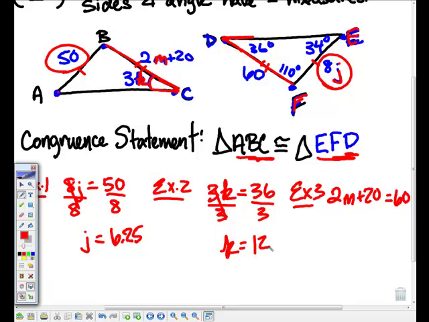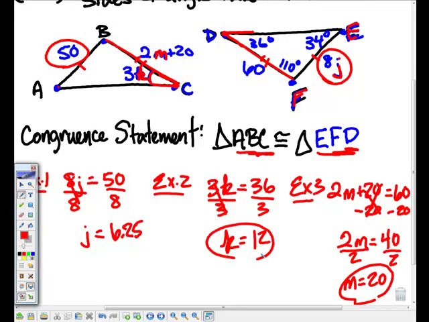And over here we have a two-step equation to solve. We need to take away 20 from both sides to get rid of that. We'll have that 2m now equals 40. And if we divide by 2 and divide by 2, we would have that m equals 20. So our three answers here would end up being j is 6.25, k is 12, and m is 20.